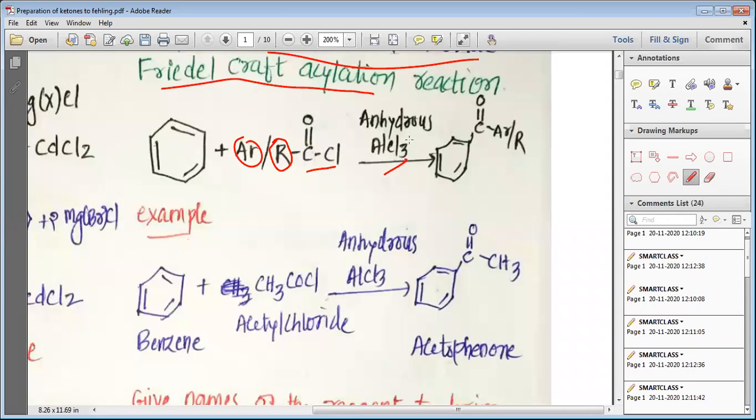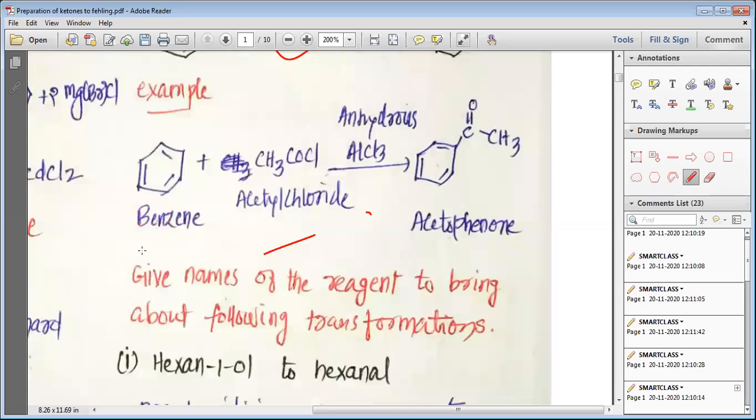And then in the presence of anhydrous AlCl3, this C double bond O, this particular group is bonded with the benzene, and this is how we understand. Let us understand the same reaction with a particular example. If we take benzene and allow it to react with the acetyl chloride in the presence of anhydrous AlCl3, we get acetophenone. This is what happens.